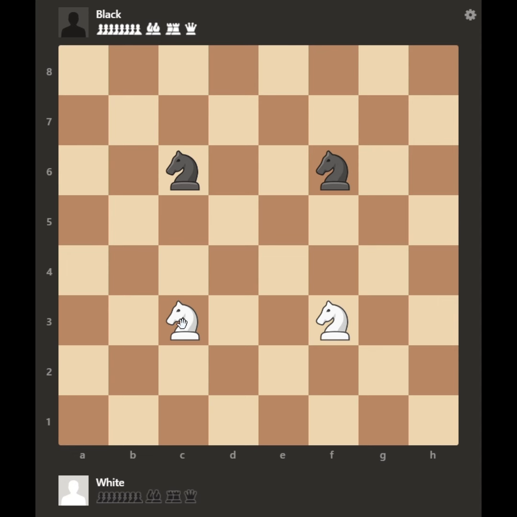Similarly, C3 is a dark square, opposite of F3, and C6 is a light square, opposite of C3. No need to remember the color immediately. You will remember eventually with practice. It will take some time.